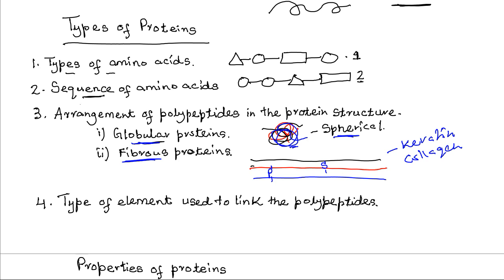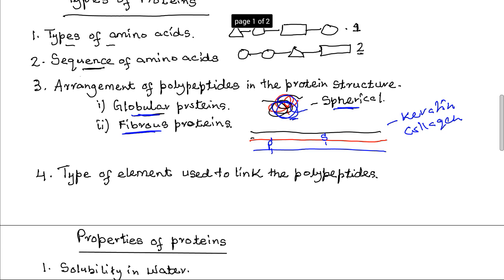So the formation of these chemical bonds involves the presence of additional elements which are usually sulfur or phosphorus. Some proteins may have sulfur in them, others may have phosphorus in them, forming the link between the polypeptide chains to maintain either the globular or the fibrous structure.